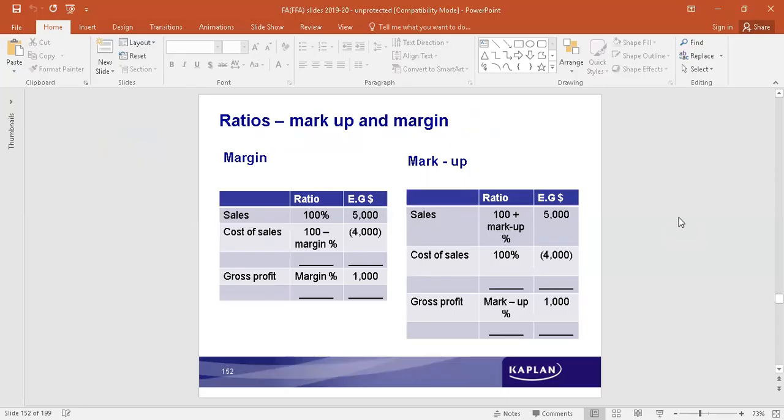How do we calculate markup and margin percentages? The profit margin that is added, we call it markup or profit margin, is added to the cost of the goods.